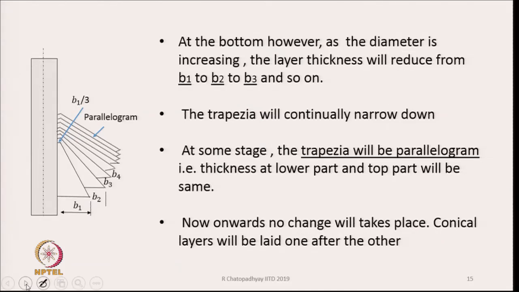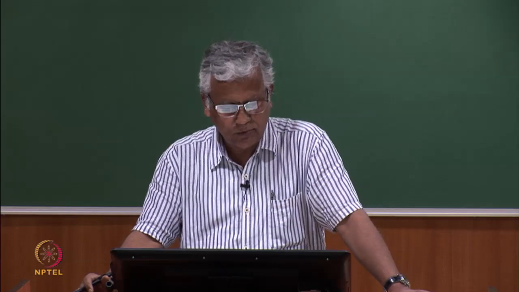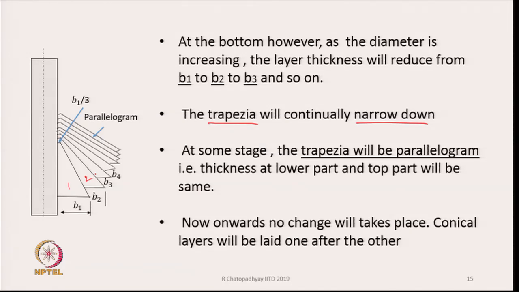The trapezia will continuously narrow down. This is a trapezium, first, second, each layer is basically a trapezium, and as we progress, keep on building the base, keep on laying the yarn one on top of the other, the trapezia will continuously narrow down. So, it is becoming thinner and thinner, and at some stage the trapezium will become a parallelogram, as it is shown here.